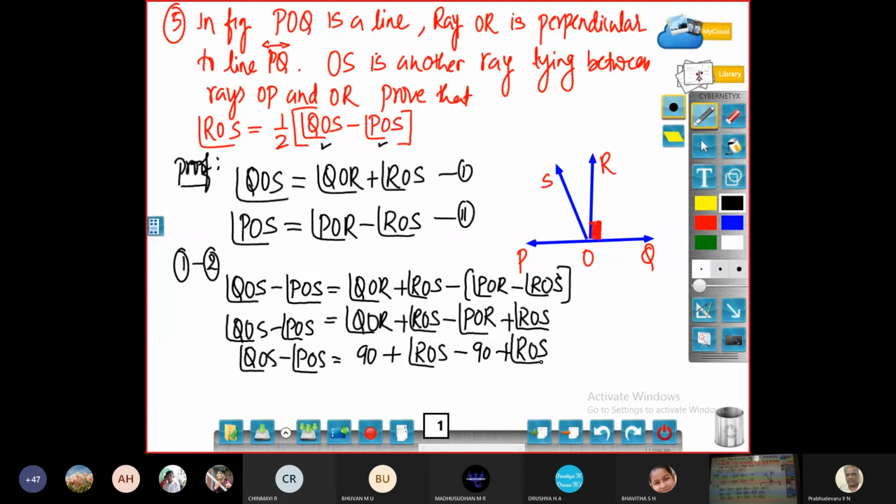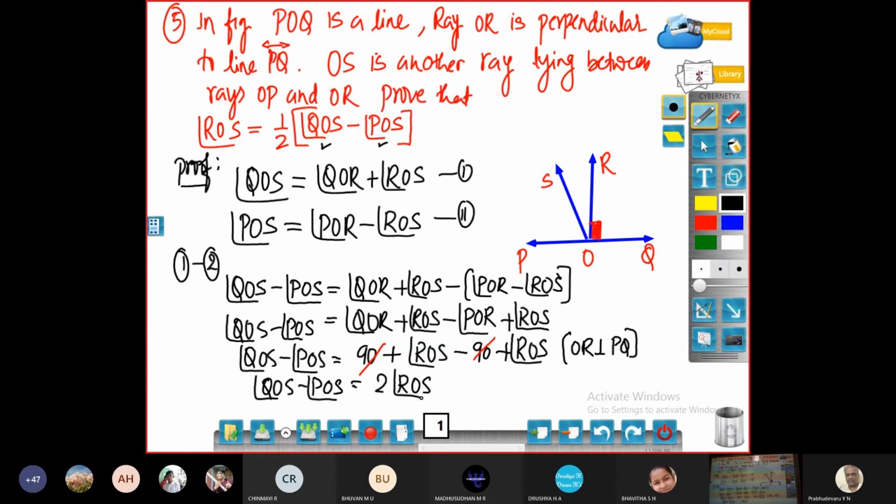Because they have given that OR is perpendicular to PQ, so you can write the reason OR perpendicular to PQ. Now you can cancel this 90 degrees and 90 degrees. So in the left hand side as it is QOS minus POS. In the right hand side you are getting 2 times ROS.